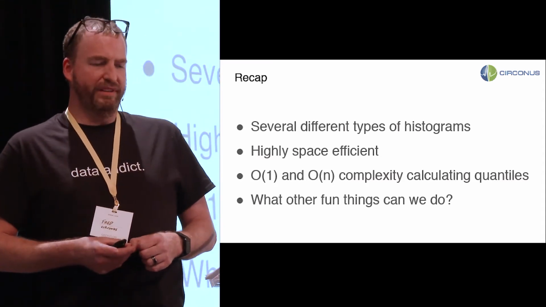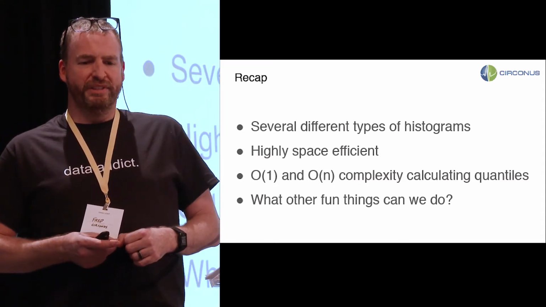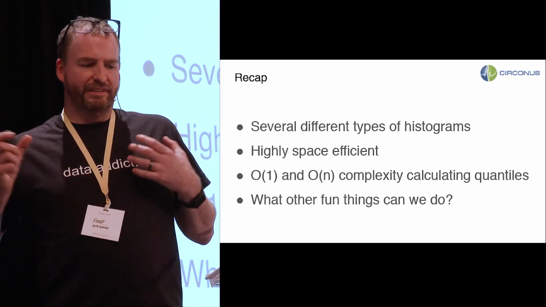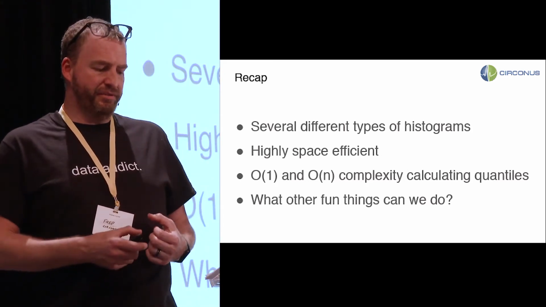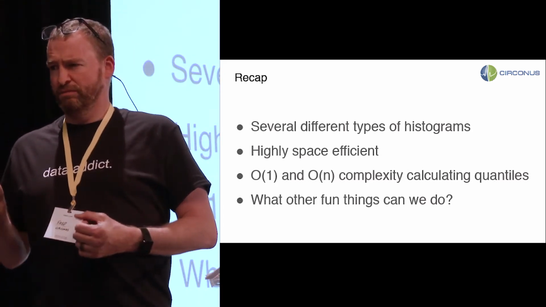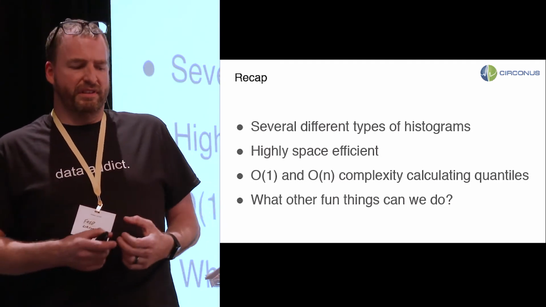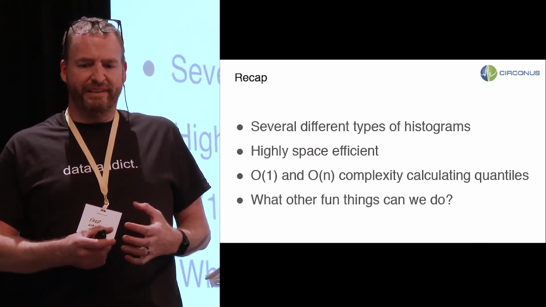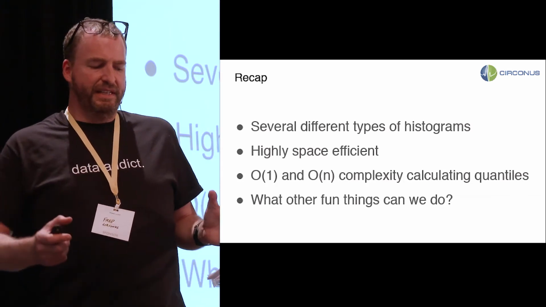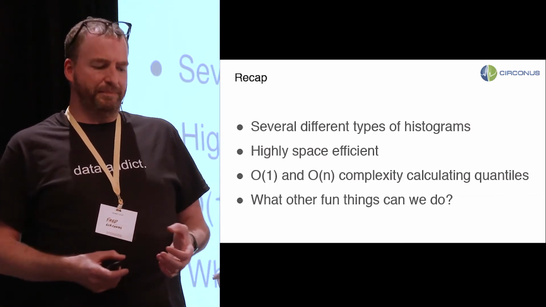But what other things can we do with large volumes of data once we've gotten into a structure like this? The stuff that Circonus is focused on, and where we felt the pain in trying to develop these techniques, has been operational data.